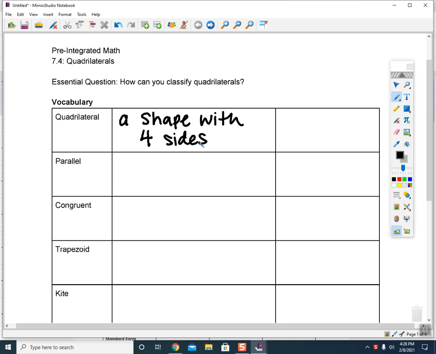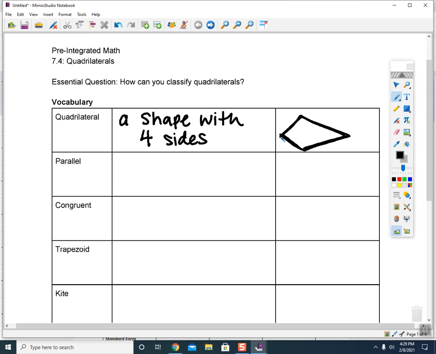It's the most generic form of a four-sided figure. So it can literally look like anything. Here's a shape with four sides. I don't really know anything about it. It just has four sides. Okay?